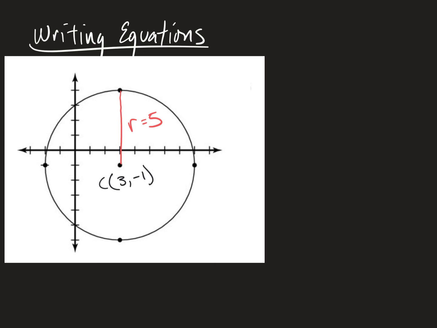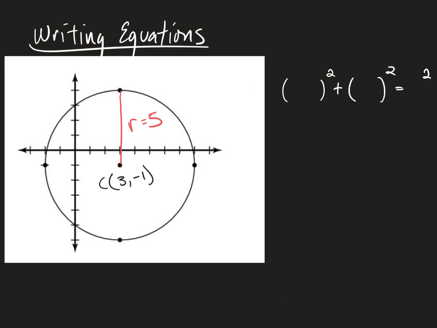Using the information from that last example, we know that the radius is 5 and the center is at 3, -1. What would the equation of this circle look like? Well, you just have to remember the following equation, right? It's kind of like the Pythagorean theorem, so it's going to be something squared plus something squared equals another thing squared.